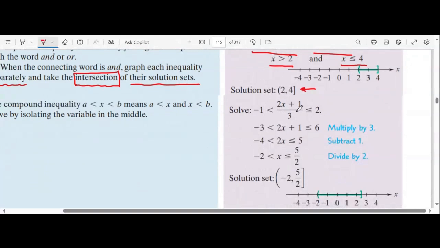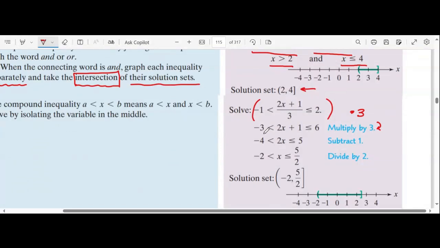Another example. How many sides do I have here? I have 3 sides here: right, middle, left. I have to get rid of the 3. If I want to get rid of 3, what should I multiply the whole thing by? By 3, correct. So multiply by 3.